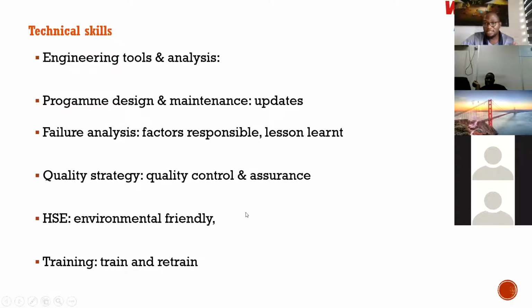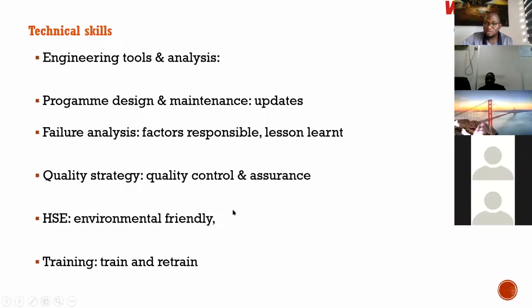Then training and retraining. Yes, engineers are always encouraged to train and improve themselves in their area of specialization. So part of what you're doing today is part of that training. So we'll continue to learn how to improve ourselves, both in the commercial aspect of it, the business aspect of our engineering practice, and the technical aspect of our engineering practice.